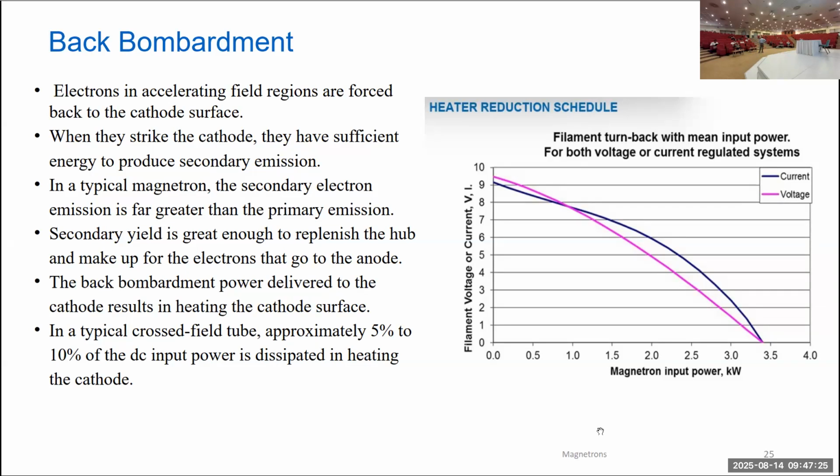One way to reduce this problem is to cut off the supply which is heating the cathode independently. The main purpose is to produce electrons, whether by heating or by secondary emission, and both are equally important.